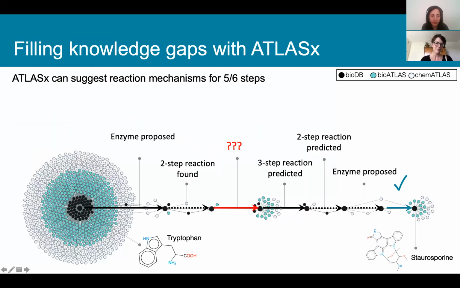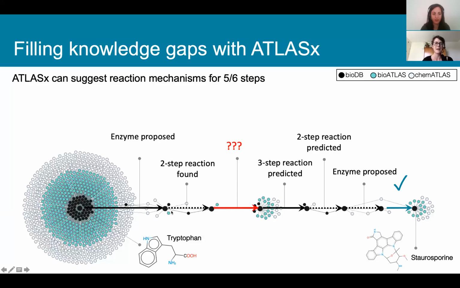And then when we had a closer look, we figured out that for 5 out of the 6 poorly characterized steps, ATLAS can make a hypothesis. If you try to characterize, for example, a biosynthesis pathway, it's already very helpful to just have a hypothesis about what can happen. So for example, here in the first step, we could propose an enzyme.